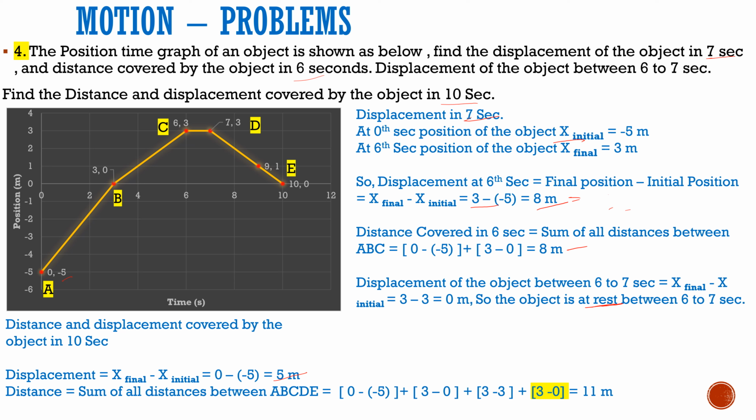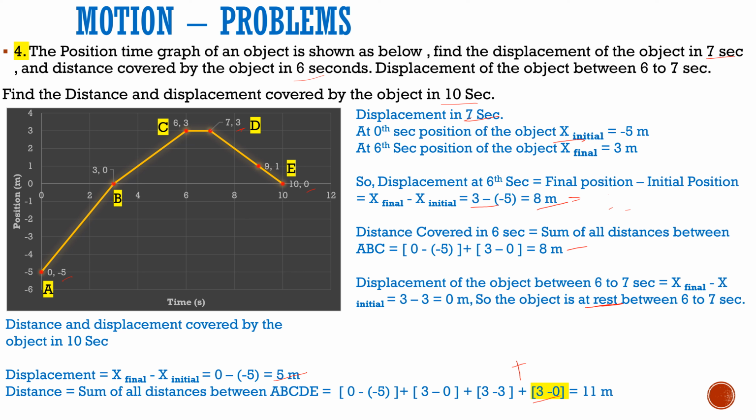This point we can directly take because this is a straight line, it's not changing. Or we can say individually 1 minus 3 or 3 minus 1, because the distance is always a positive value, it will not be negative. So 3 minus 1, or directly we can say 3 minus 0. Here we have added 3 minus 0 directly.